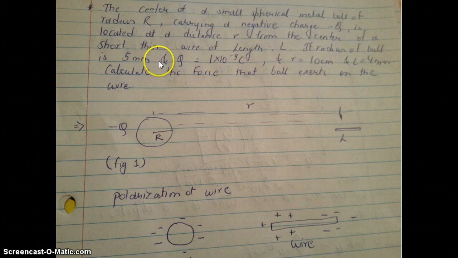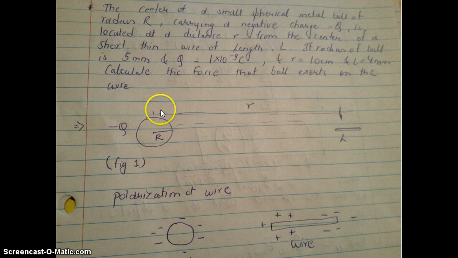If the radius of the ball is 5 millimeter and q equals 1 × 10^-9 coulomb, and the small r equals 10 centimeter and l equals 4 millimeter, calculate the force that the ball exerts on the wire.